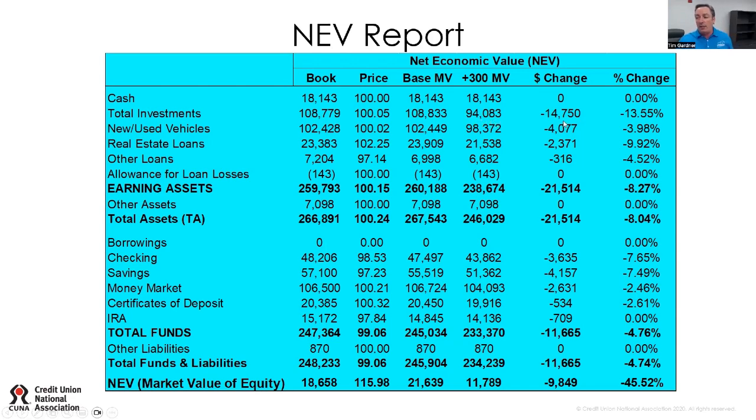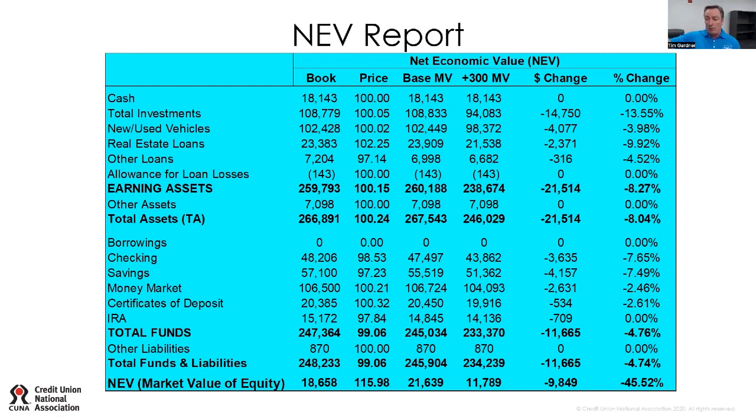So that's a change of 13.55%. When you see the change in real estate loans is 10%, and the change in the investment portfolio is 13.5%, that would be a really good indication that this credit union has probably bought investments that are backed by real estate loans. So they probably have a lot of real estate-backed investments in their investment portfolio.